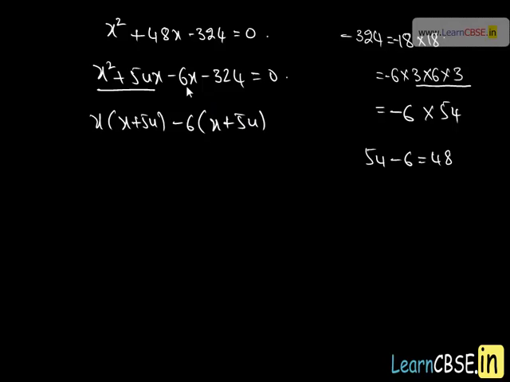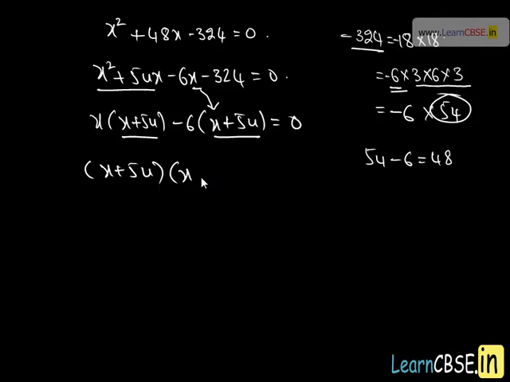If we take negative 6 common, we are left here with x, and from 324 we take negative 6 common, we are left with 54, which is equal to 0. Here we take the expression x plus 54 common, and then we have x minus 6, which is equal to 0.